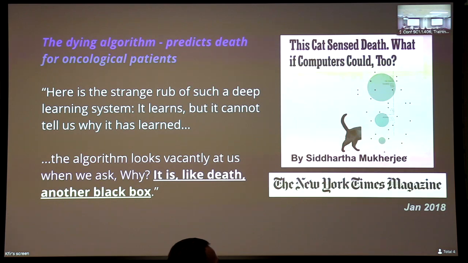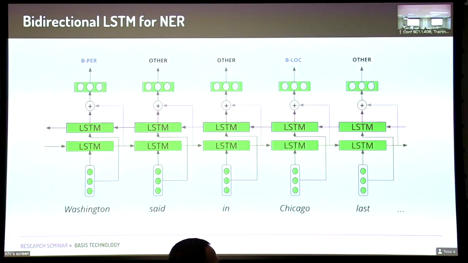So at Basis, we're doing some research in this direction. We're trying to understand that. So if we look at this network, right, the same thing that I showed you before, it's a bidirectional LSTM. Very simple one, no character encoding, nothing like that. So we said here, with the simple version of this network, that we use argmax here to find the label of this word.